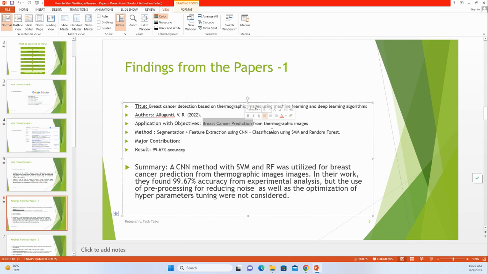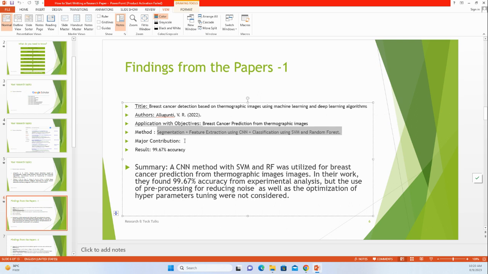And what methodology have they used? If you study the methodology section, then you can find they have used segmentation, feature extraction using CNN, and classification using SVM and random forest. So this is their methodology. And what was their major contribution? Is there anything new in this method?